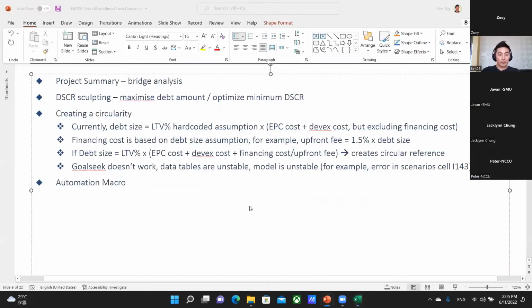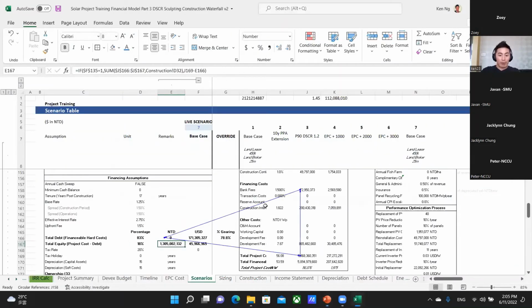And it's because of this relationship that our bank fee is driven off our debt amount, which is then driven by the total project cost, because it's 82% of the total project cost, and the total project cost is in return driven including the bank fees. So there's a circular reference here, which you can see here graphically, right?